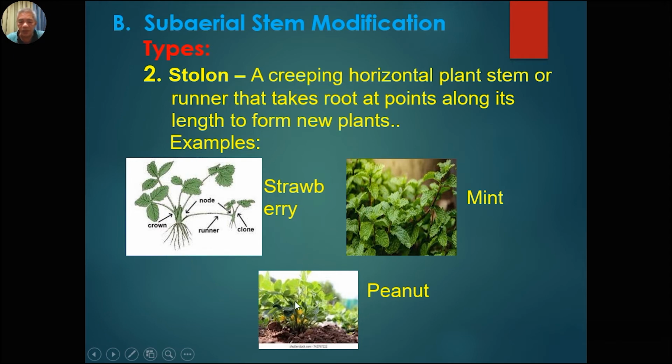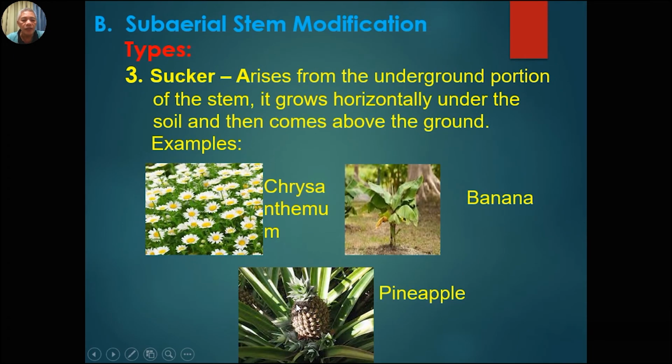Of course, peanut is very much common. Another is sucker. Sucker arises from the underground portion of the stem. It grows horizontally under the soil and then comes above the ground.